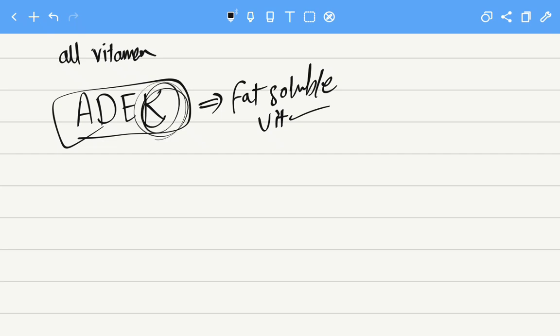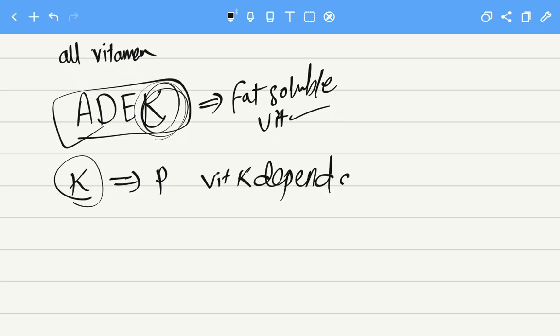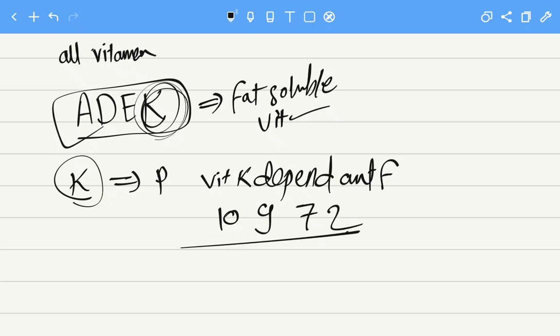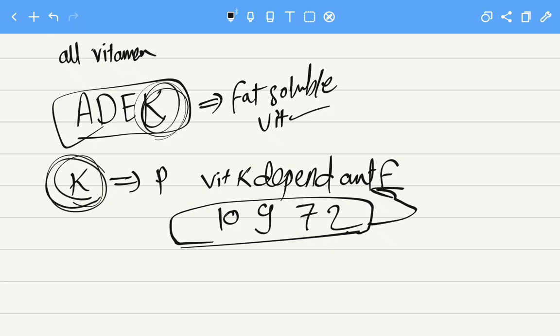Okay, if there is affection of vitamin K, there will be affection in the coagulation pathway. The vitamin K dependent factors, which are 10, 9, 7, 2, will be affected due to affection of vitamin K, which is due to affection of the absorption of fat.